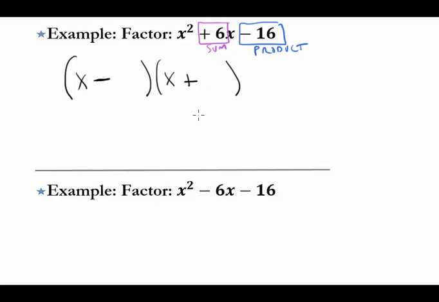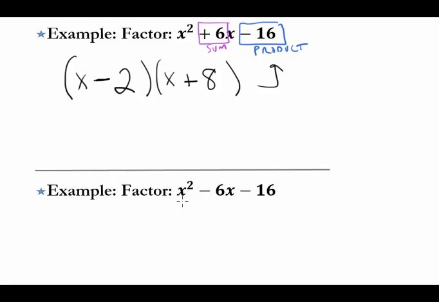Then I think about what two numbers would add to 6 and multiply to negative 16, and it's 8 and negative 2. So we factored it: (x minus 2)(x plus 8). If you want, you can check by multiplying it back out, and you'll get the same answer right here.